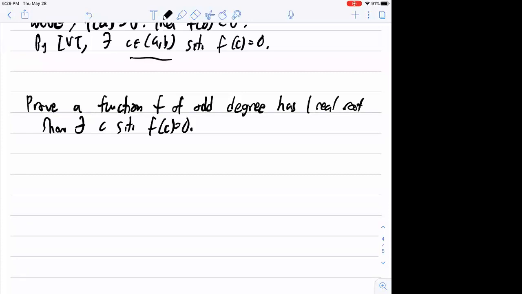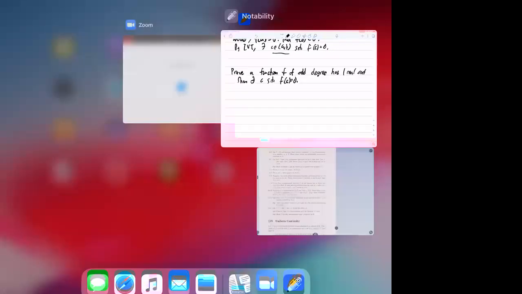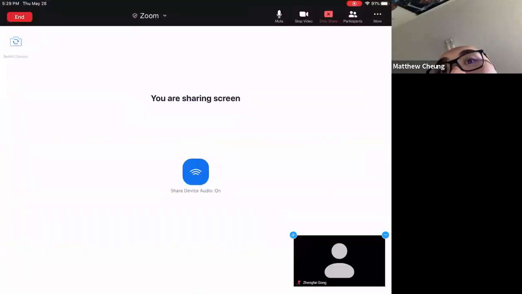So what do we know about odd degree functions? How do they look? Anyone?